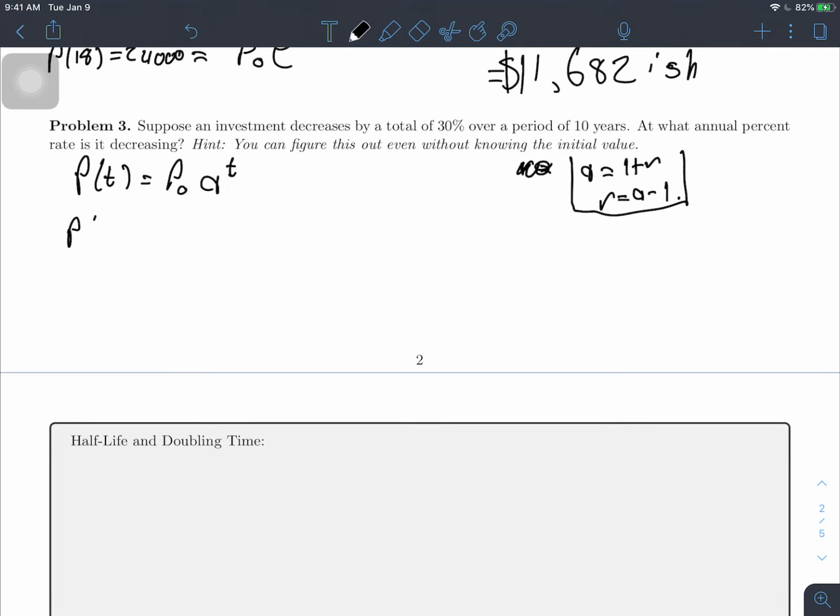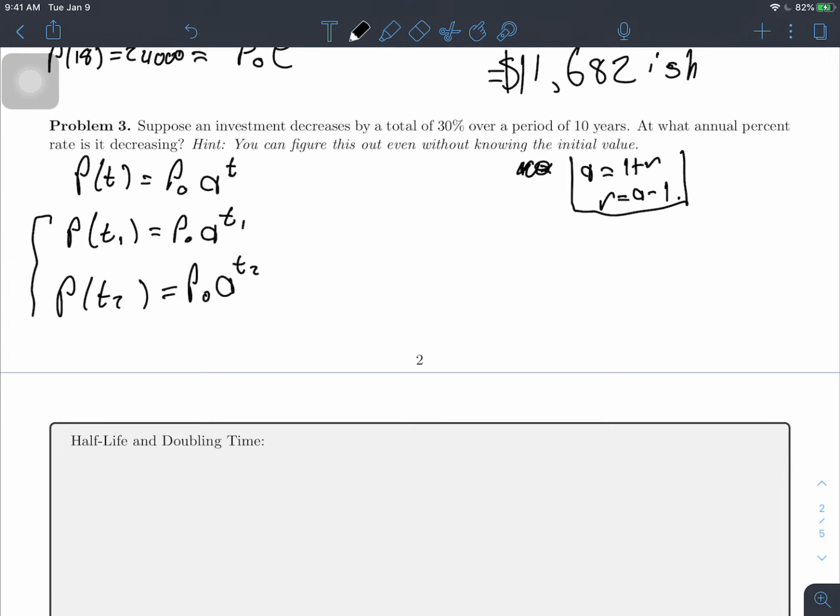What they've told us is that P of T1 is equal to P naught times A to the power T1. We would plug in T1. We know that P of T2, later on, is equal to P naught times A to the power T2.